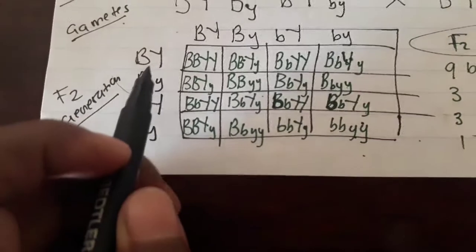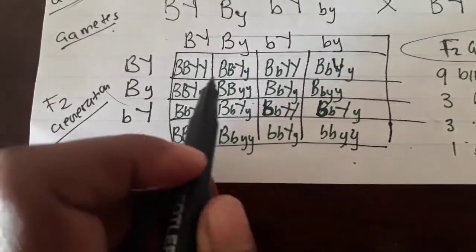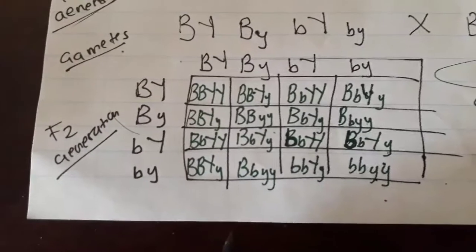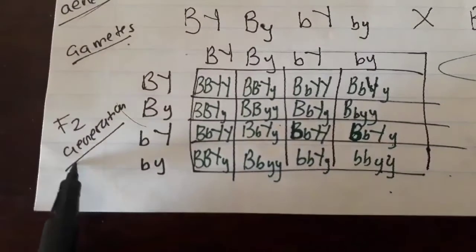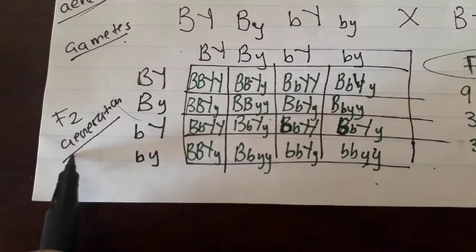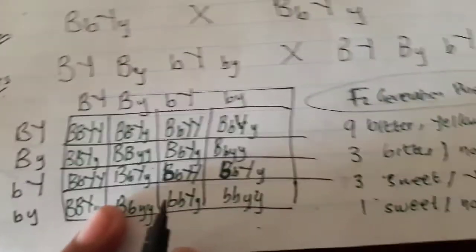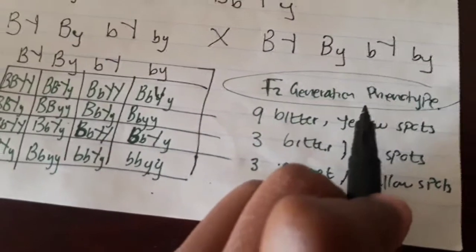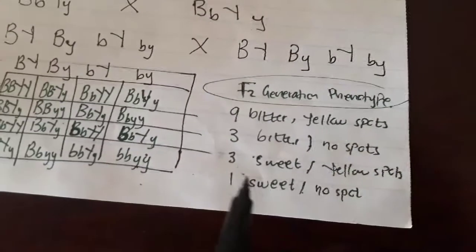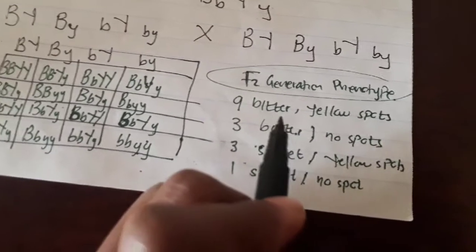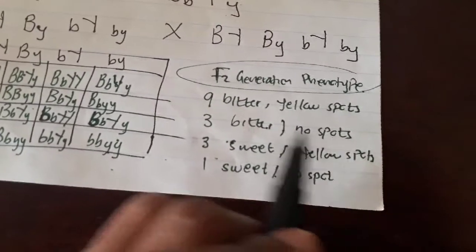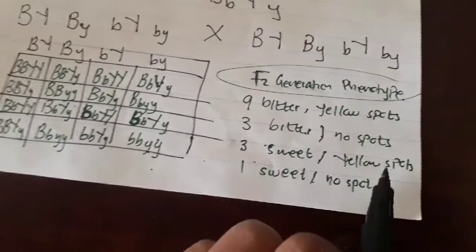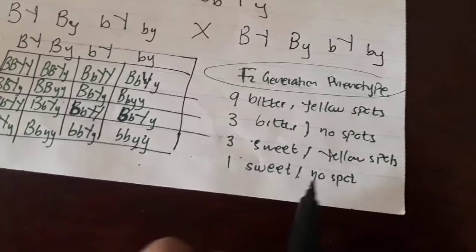Then we cross the gametes of the first parent with the gametes of the second parent, and these are the genotypes that we get for the F2 generation. So the F2 generation phenotype will be 9 bitter and yellow spot, 3 bitter and no spots, 3 sweet and yellow spots, then 1 sweet and no spot.